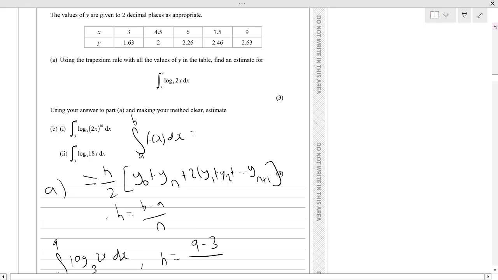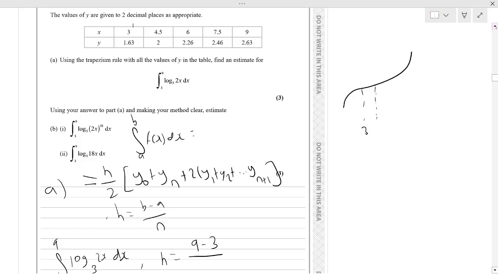There are two ways of learning this really. If you consider this general curve, the strips we have are essentially forming trapeziums at each of these points. X is 3, then X is 4.5, then 6, then 7.5, and then 9.